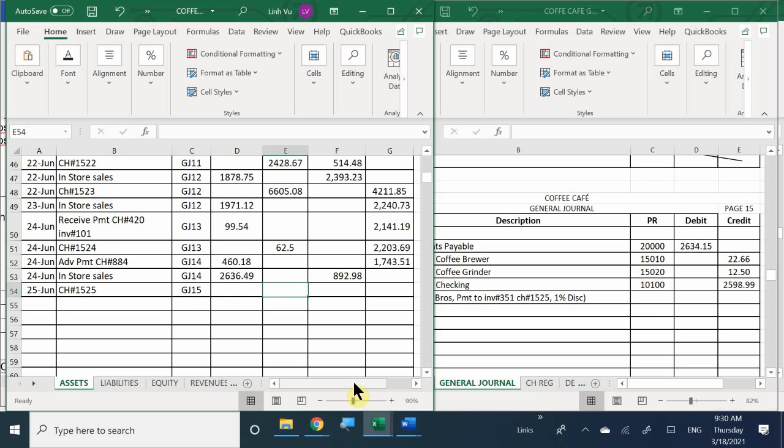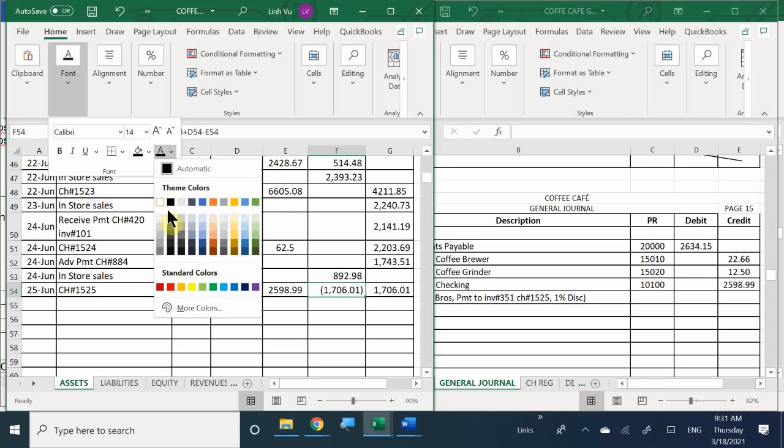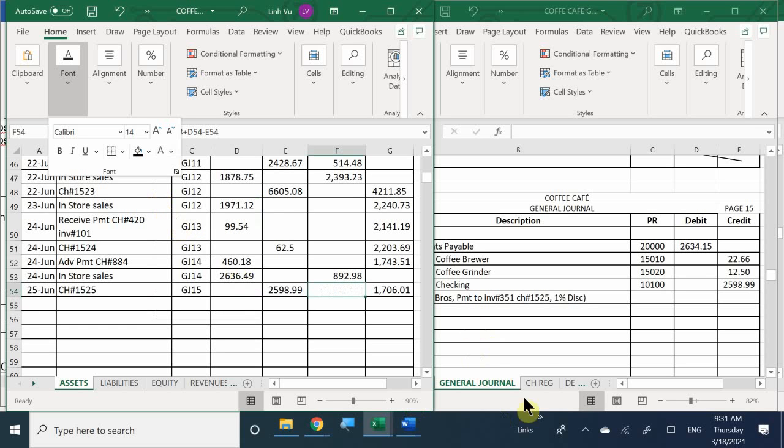And we're going to decrease our account by $2,598.99. So what is my new ending balance once again? It's a credit balance of 1706.01. Good. Back to the credit side.